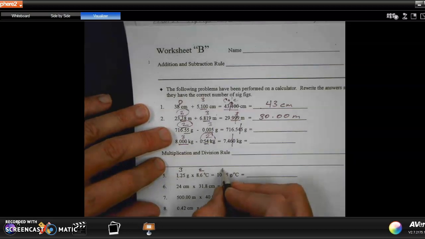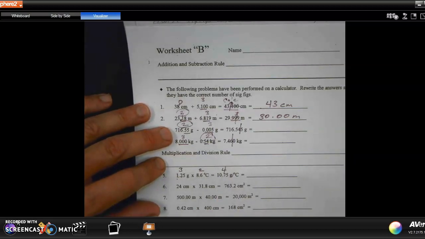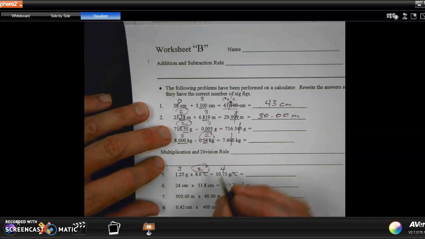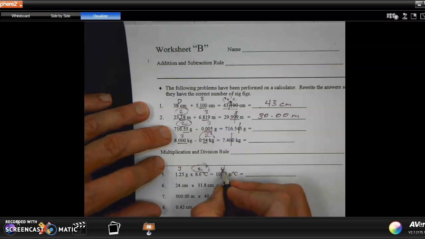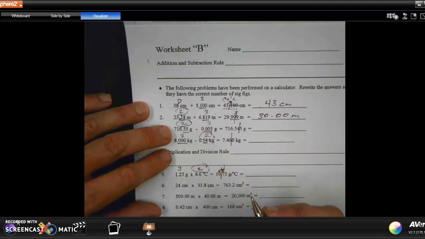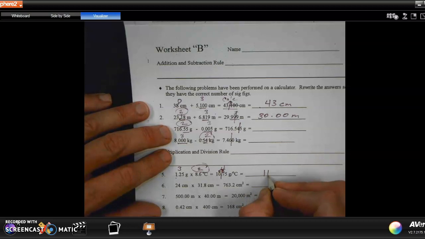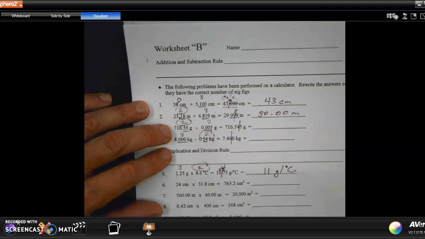Our answer has 4, but it only needs 2. So I'm going to put my chop line right there. Does the 7 affect the 0? Yes, it does. So we're going to say 11 grams per degree Celsius.